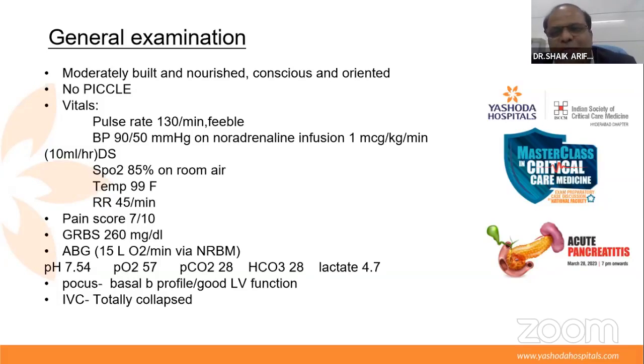We will intubate with rapid sequence intubation by giving pressure over the cricoid area. I would like to keep suction ready, and all the emergency drugs will be ready because anytime the patient may collapse.